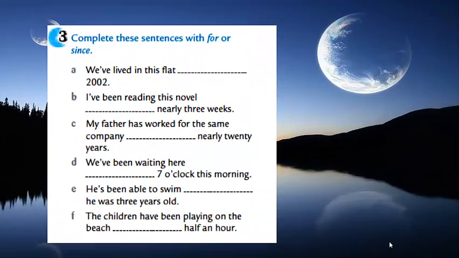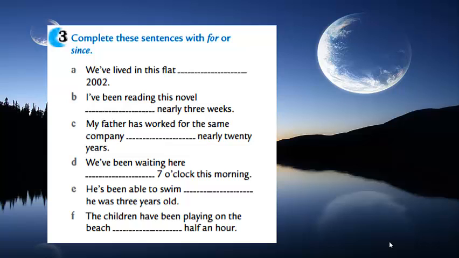And the third question today, complete these sentences with for or since. The first sentence, we have lived in this flat since 2002. I have been reading this novel for nearly 3 weeks. My father has worked for the same company for nearly 20 years.